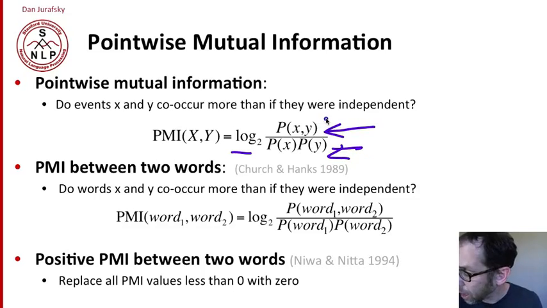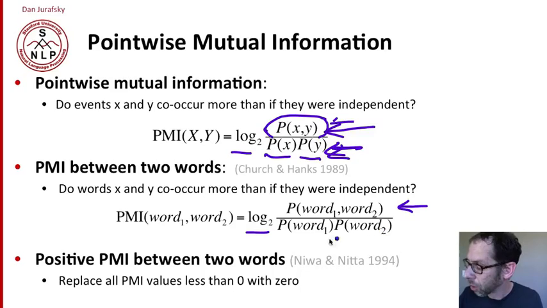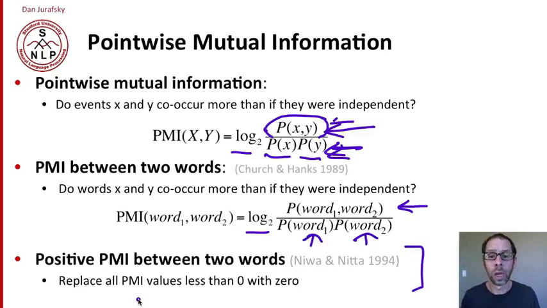So you can see that if the two things occur more often than you would expect by chance, more often than you expect by independence, then the numerator will be much higher than the denominator. So between two words, the pointwise mutual information is the log of the probability of the two words occurring together over the product of the two words occurring independently. And positive PMI simply replaces all the negative values with 0.